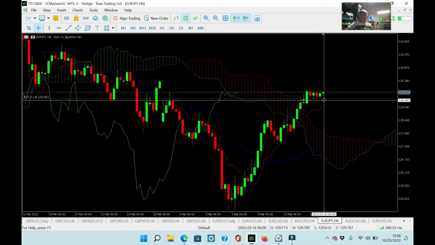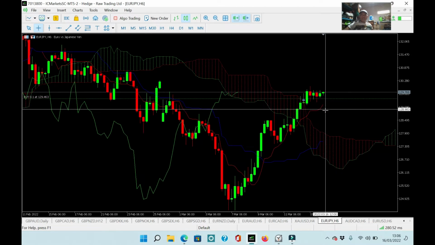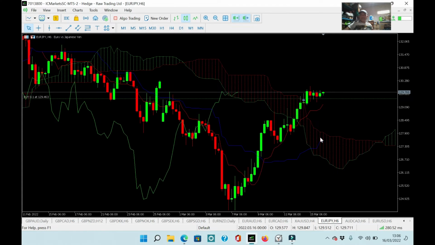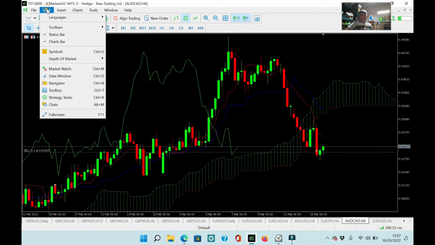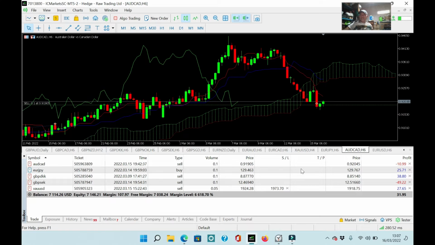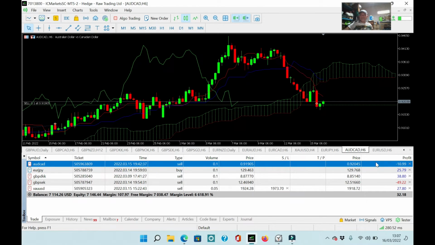This is not ideal also, but I put the stop loss not really far. Of course, mental stop loss. And next, this also I took yesterday, Australian Canadian dollar, and now it's still minus $10.